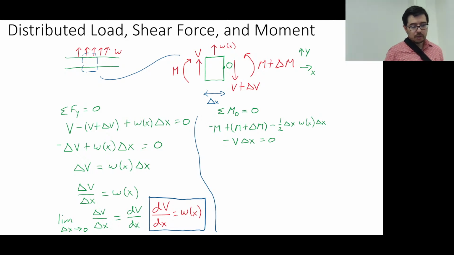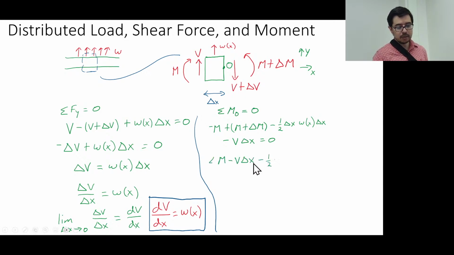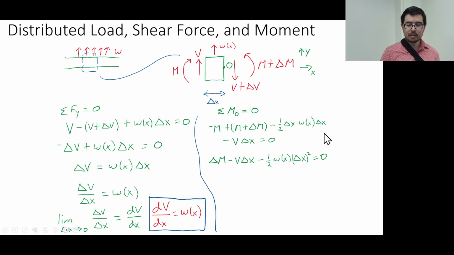That's one of the things: you usually try to put the location where you calculate moments at the most confusing spot. Then we can do a little math. Delta x times delta x, a small thing times another small thing, is about 0, so we don't care about that. So what do we get?